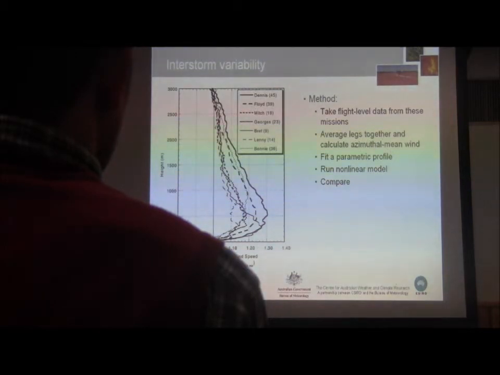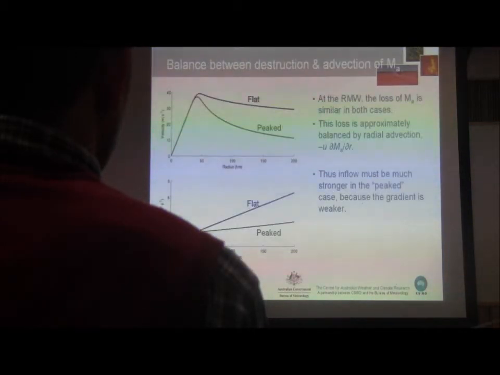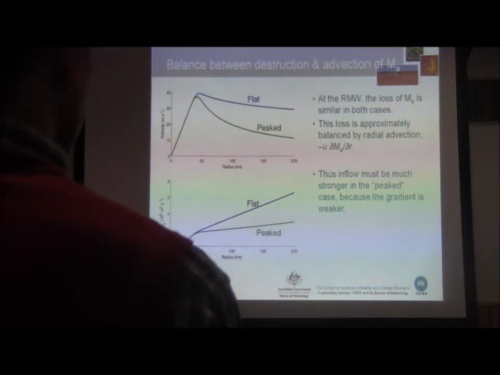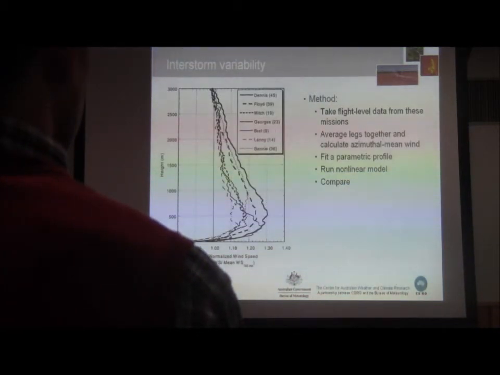Like we've seen here, some were flat, some were peaked, they had different radii of maximum winds, different intensities. And then I fed those profiles into the nonlinear model, ran them, and then compared the eyewall profiles.